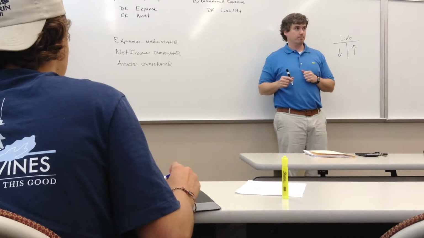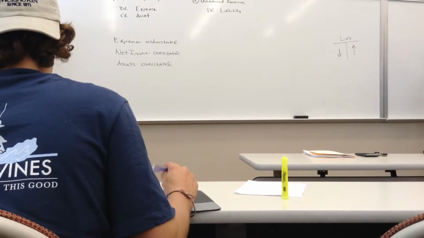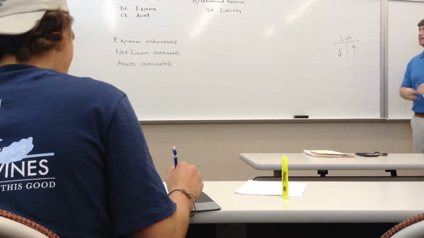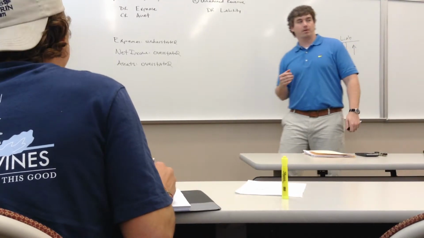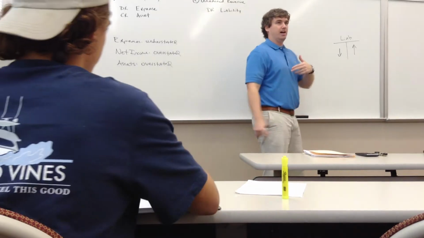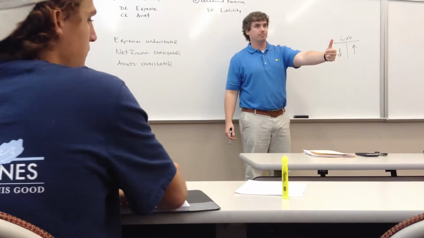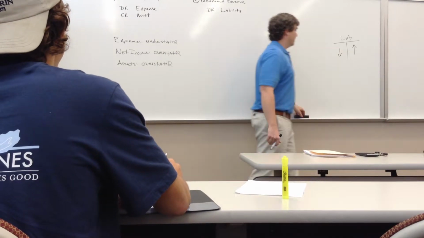This is one of those entries where just because time passes, I have to do it. That's one of the reasons we have to do adjustments. Why am I decreasing the liability? Because I paid what I owed. So I'm decreasing the amount that I owe.